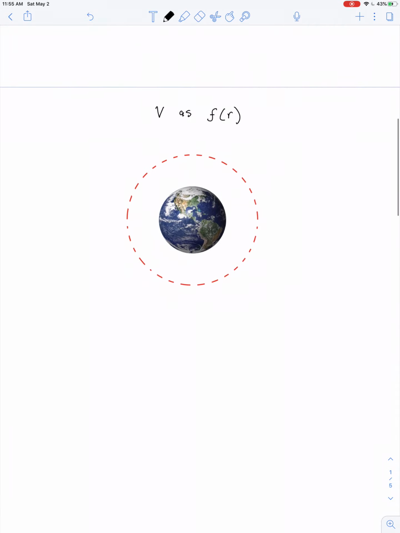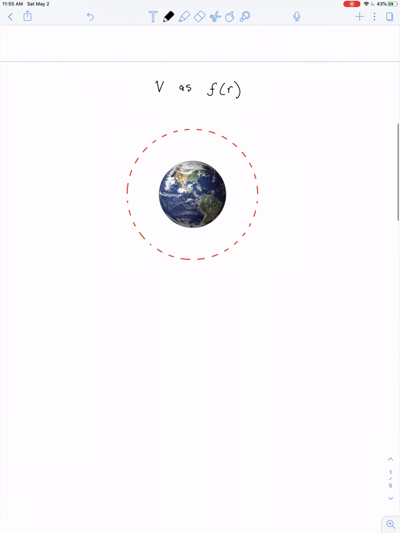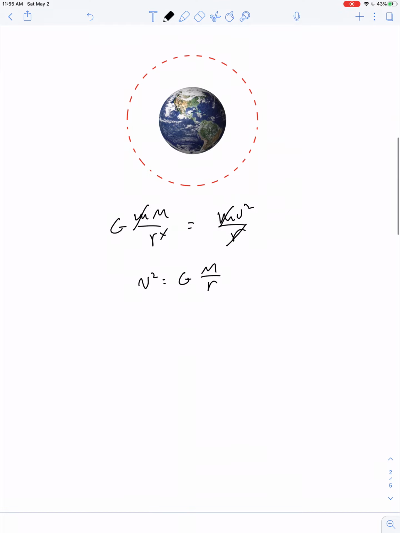So let's see if we can derive the expression for velocity as a function of r. We might have done this in a previous video as well. If we set gravitational force GMm over r squared equal to centripetal force mv squared over r, m cancels out, one of the r's cancels out, v squared is GM over r, so the speed has to be equal to the square root of GM over little r.